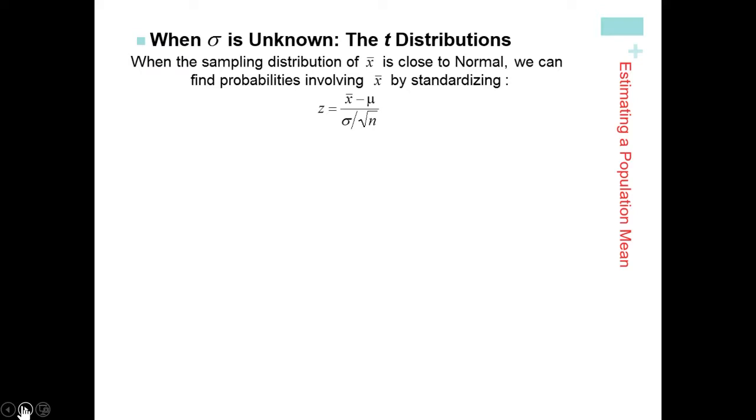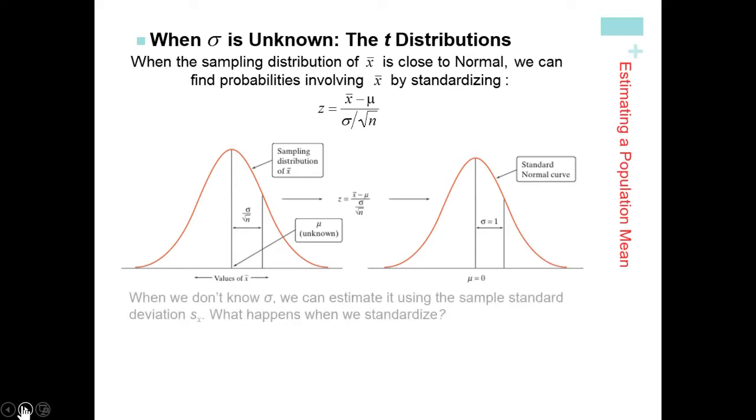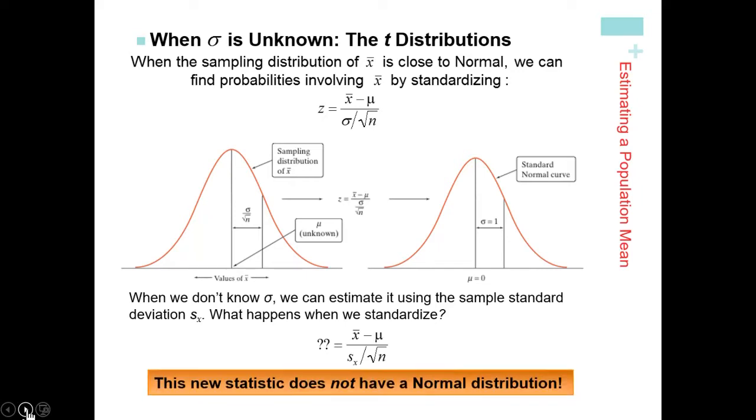Now, most of the time, our standard deviation formula relies on knowing the population standard deviation, right? Because it's sigma over square root of n. But most of the time, we don't know sigma. And so if we don't know that, and instead use the sample standard deviation, then it's a new table.